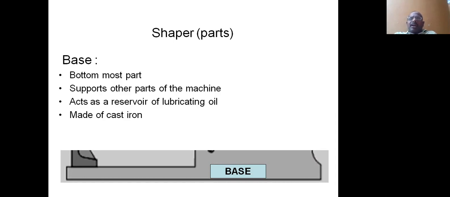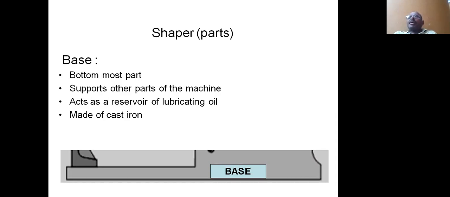This component has integrated or intricate shapes, so in order to manufacture this base, it is supposed to be produced with the metal casting process. As this base is manufactured with the metal casting process, cast iron is best suitable for casting.